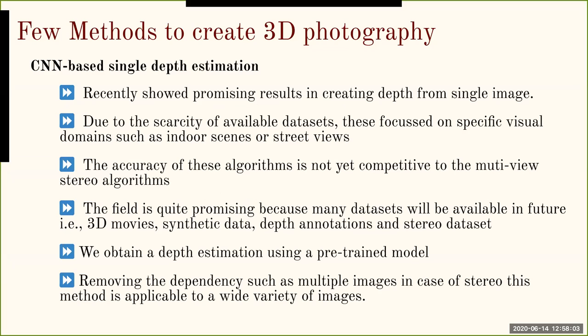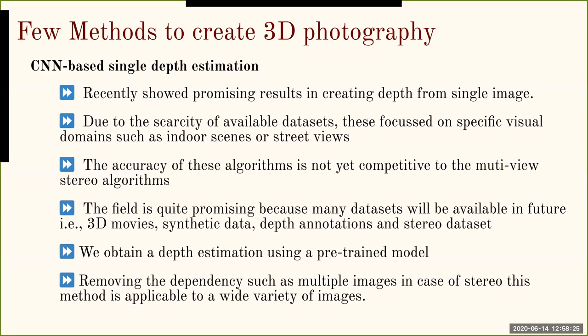CNN based single depth estimation is what we are going to talk about next. As I said, it gave very promising results in creating depth from a single image, because we are using CNN by partitioning images and then applying the CNN on that.